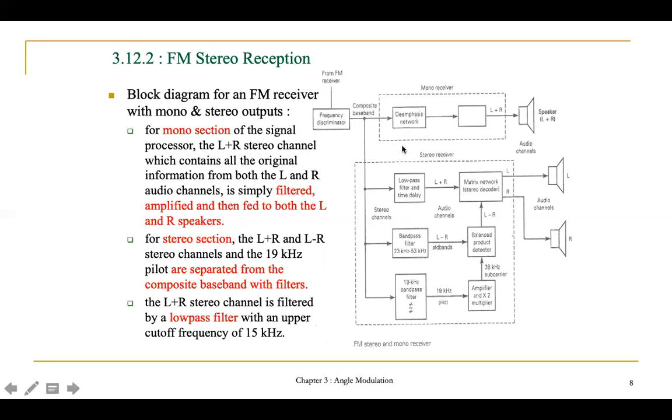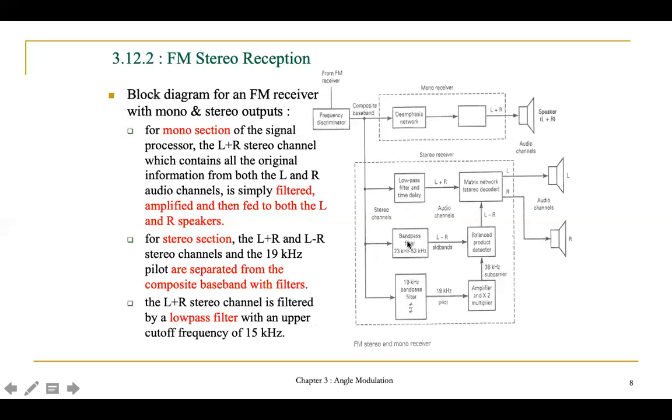For the stereo section, the left plus right and the left plus inverted right stereo channels and the 19 kilohertz pilot are separated from the composite baseband with filters. Here you have 3 filters.